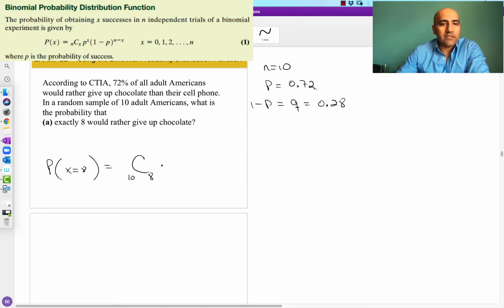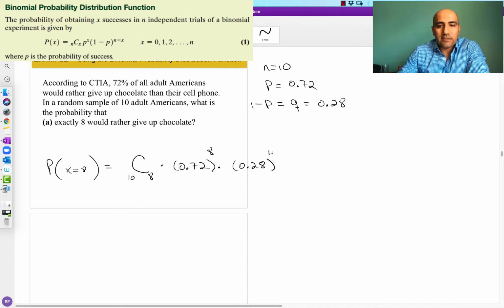If there's a 72% chance that they will say, yes, I'd rather give up chocolate than their cell phone, then the complement of that, someone saying, no, I wouldn't do that, would be 28%. So the formula says to multiply the probability of success, 0.72, to the power of the number of successes we are counting, which is 8, times 0.28 to the power of n minus x.